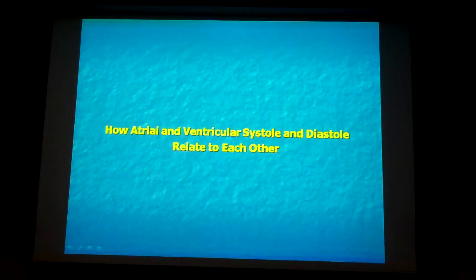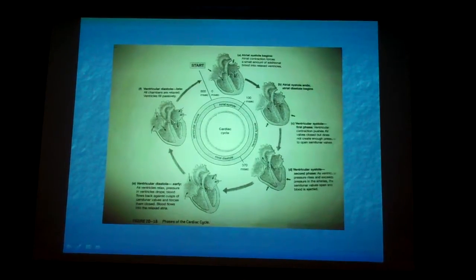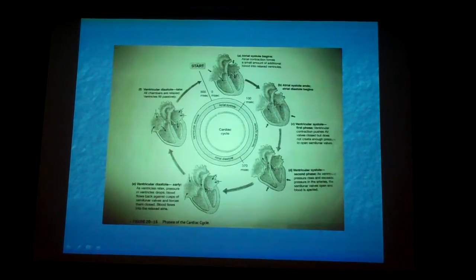All right, what we want to know is how atrial and ventricular systole and diastole relate to each other. So this little diagram you have in your notes, let's talk about this. This diagram is showing you one cardiac cycle.